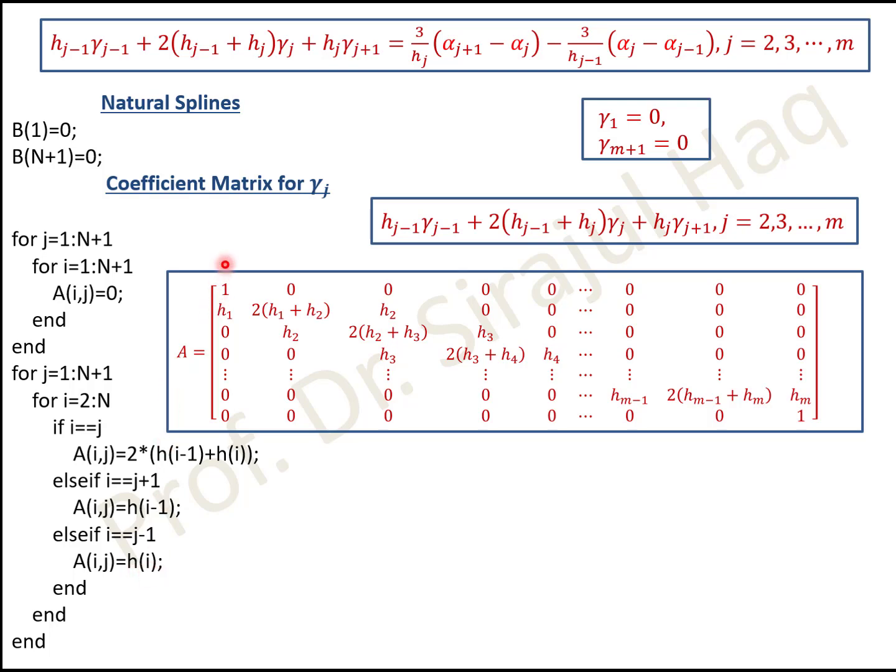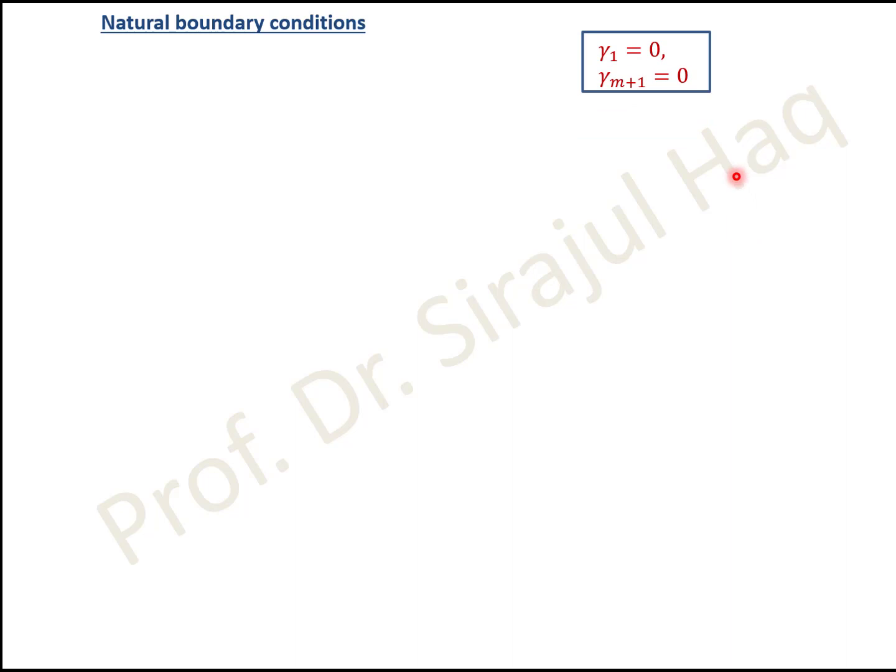Now let's look at this one. If you look at this entry, a11 is 1 and a(n+1)(n+1) is 1, and that's coming from the boundary condition. So let's use the natural boundary conditions, which we discussed in the last lecture, that c0 is equal to 0 and cn is equal to 0.